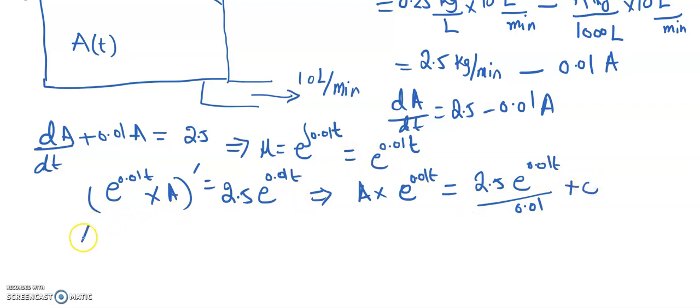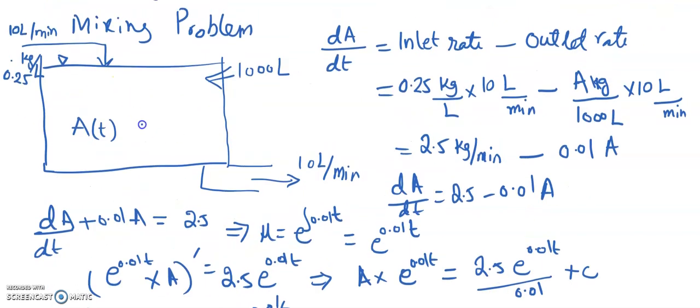So from here A will be equal to, dividing by e power 0.01 t, 2.5 divided by 0.01, it will be 250, plus c times e power minus 0.01 t. Okay, so this is the equation for A, which is the amount of salt.